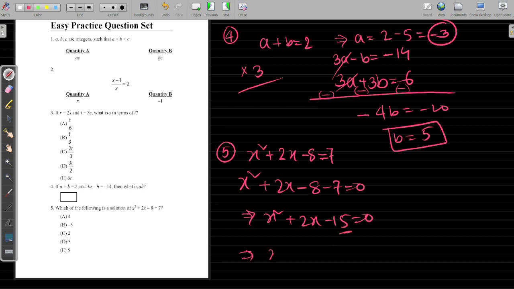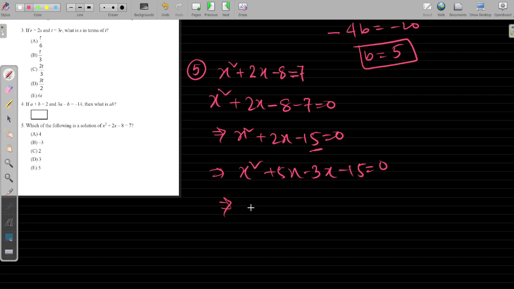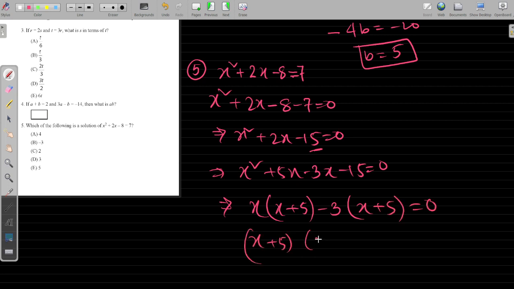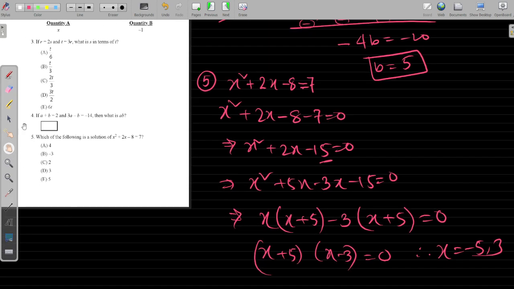If I split the 15, I will get x square plus 5x minus 3x minus 15 equals 0. Taking x common from the first two terms I get x into x plus 5, and taking minus 3 common I get x plus 5. So x plus 5 and x minus 3 equals 0. Now I can write that x equals minus 5 and 3.